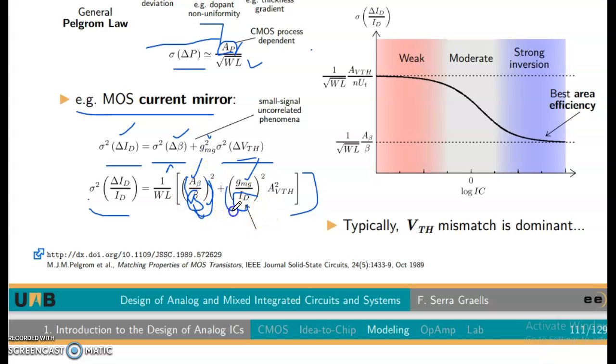Then add them together, and the whole value is multiplied with this.